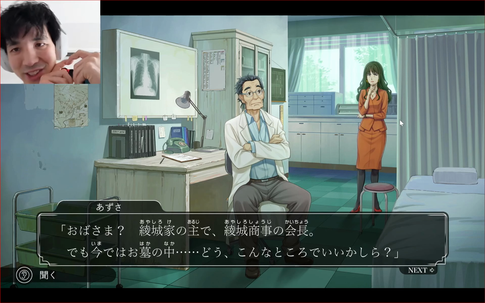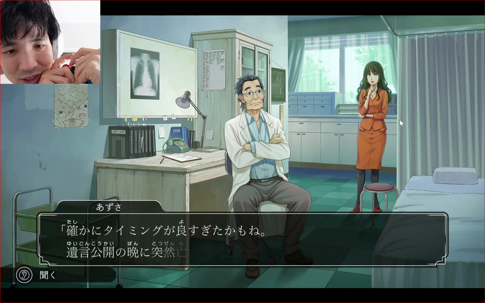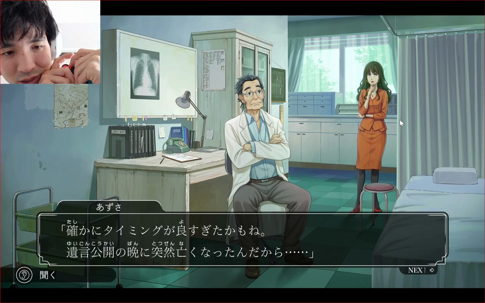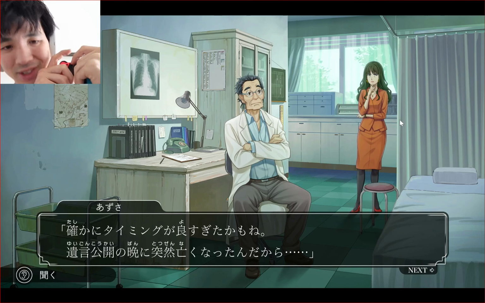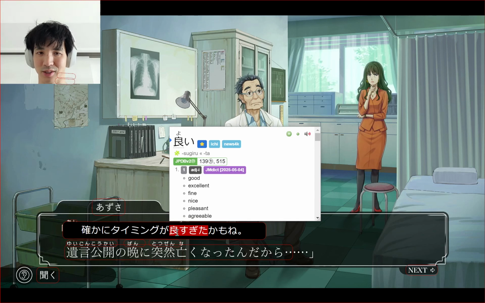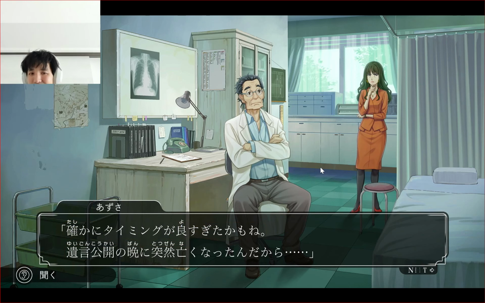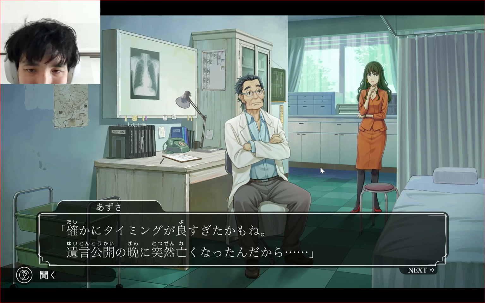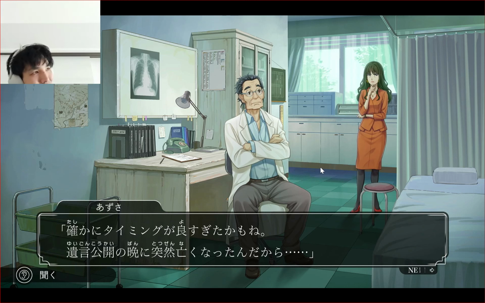I wonder. 確かにタイミングが良すぎたかもね。遺言公開の晩に突然亡くなったんだから。確かに, of course, the timing が良すぎたかも, maybe. 良すぎた was too good, and すぎる is too much. She's like, maybe the timing was too good for her to die. This lady seems happy that the old lady died.